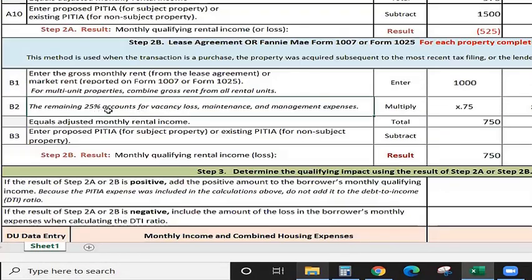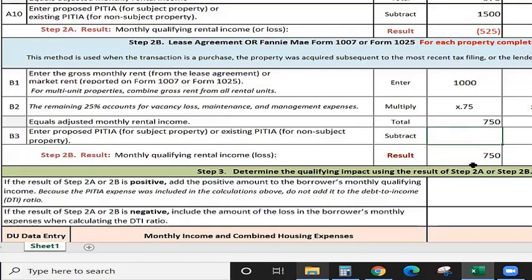The remaining 25% accounts for vacancy loss, maintenance and management. That is why we are considering only 75% of the income that we receive on a lease agreement. Enter PITIA, whatever the PITIA for the subject property or existing PITI for a non-subject property.